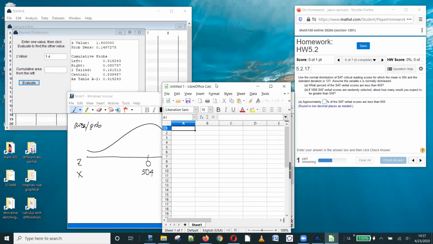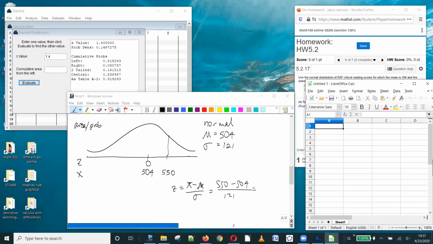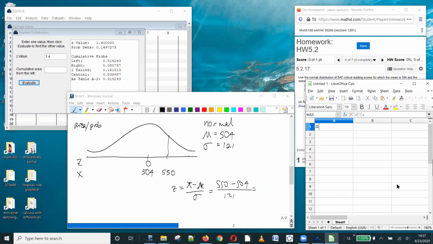Okay, so here's my little calculator. I got 0.380. 550 minus 504 over 121. For a Z-score, you can take it to 2 decimal places. That should be fine.